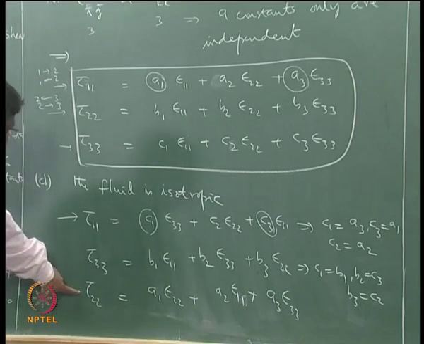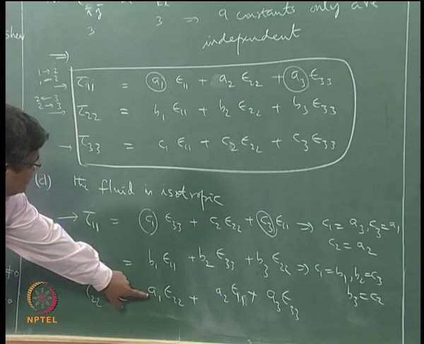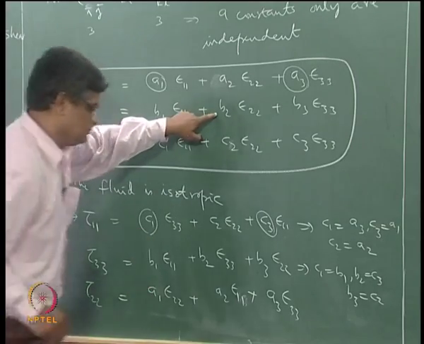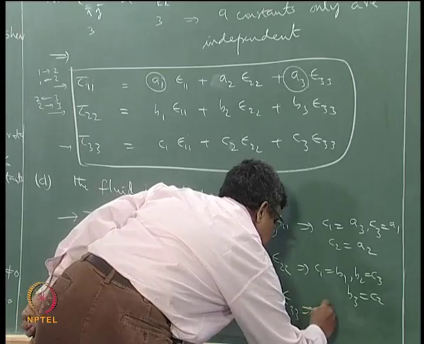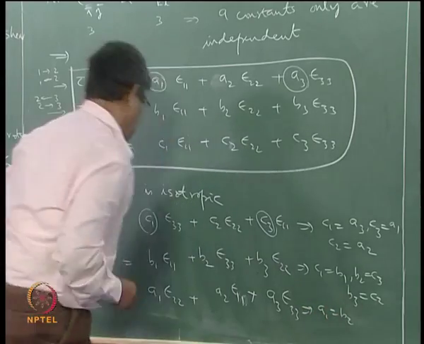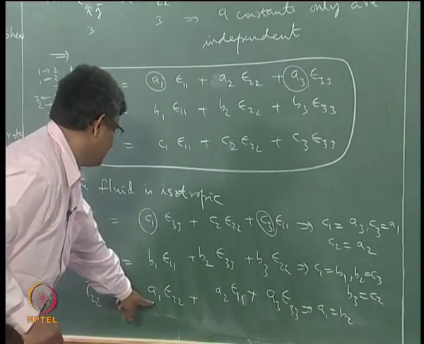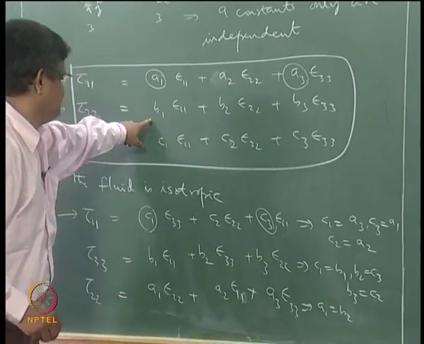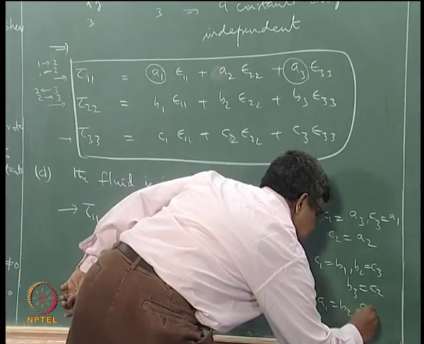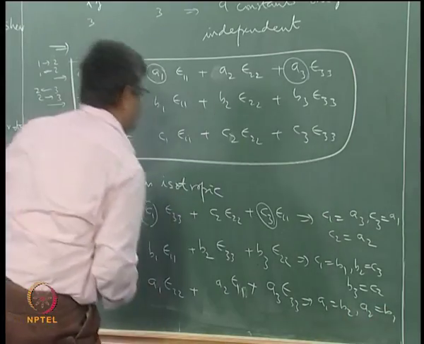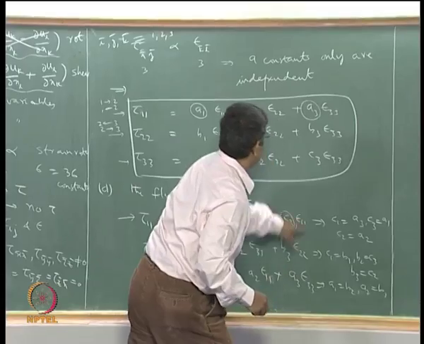If you compare this with this, we get A1 equal to B2 and A2 equal to B1 and finally A3 equal to B3.